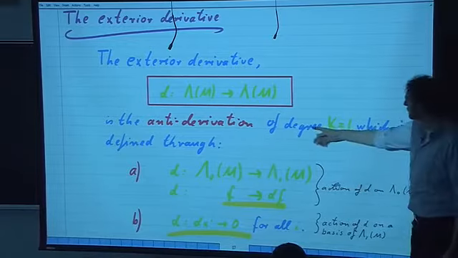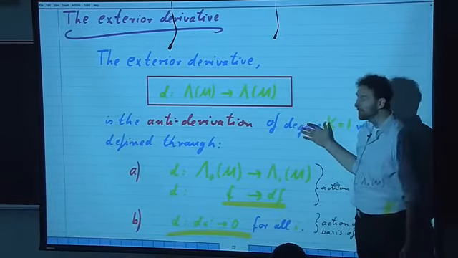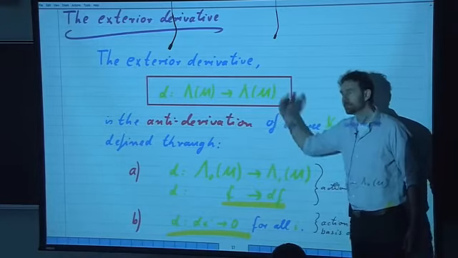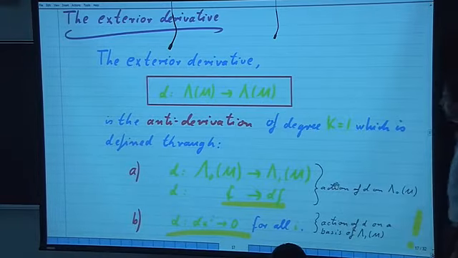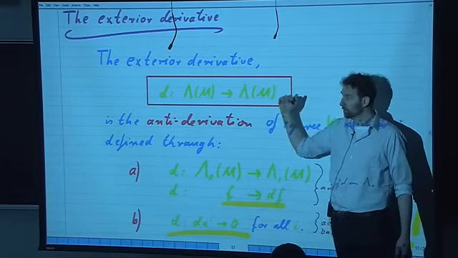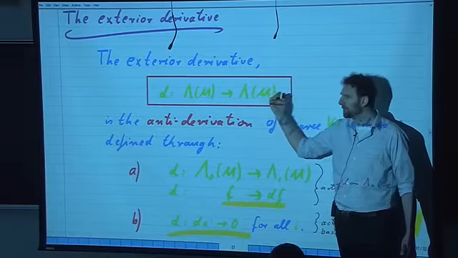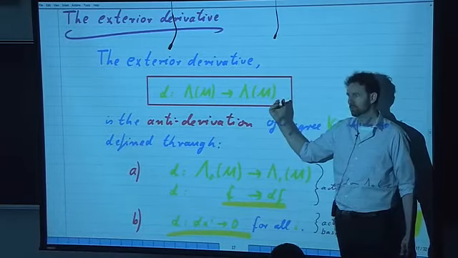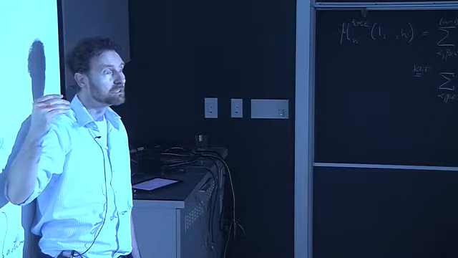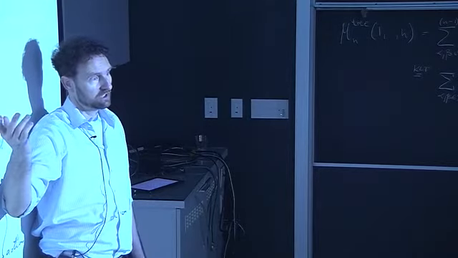And it's going to be of degree k equal 1, which means that it will map an S form into an S plus 1 form for every S. It will map in particular 0 forms into 1 forms, 1 forms into 2 forms, 2 forms into 3 forms. But again, it maps also zero forms into one forms. In other words, it maps functions into cotangent vector fields.